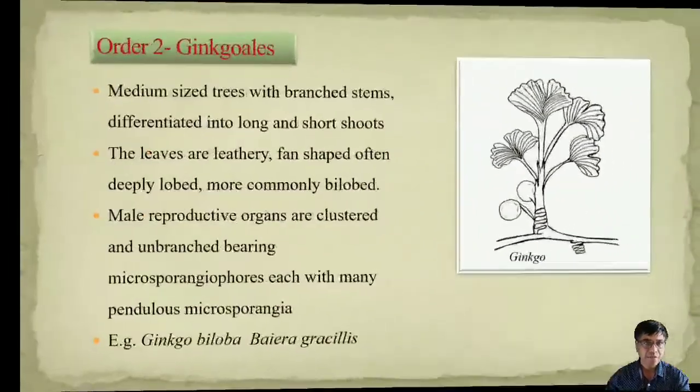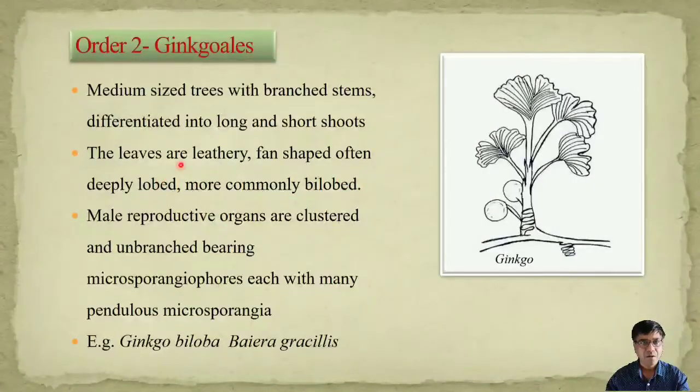Second order, Ginkgoales. Medium size tree with branched stem, differentiated into long and short shoots. The leaves are leathery, fan shaped and deeply bilobed with dichotomous venation. The wood is pycnoxylic.